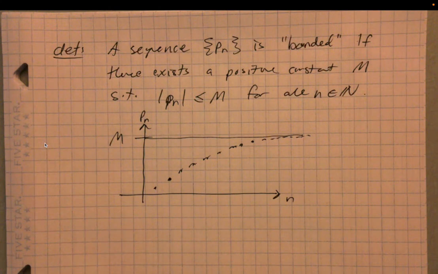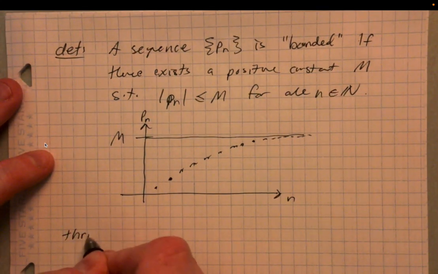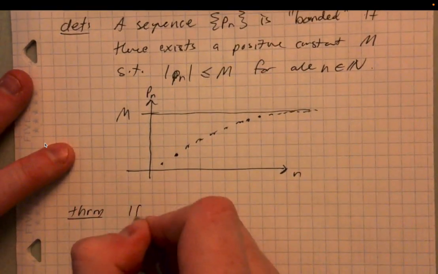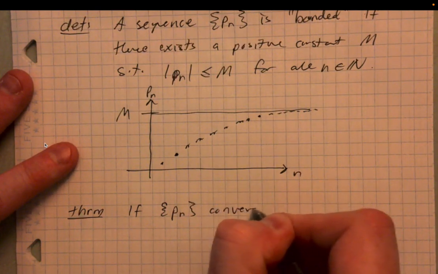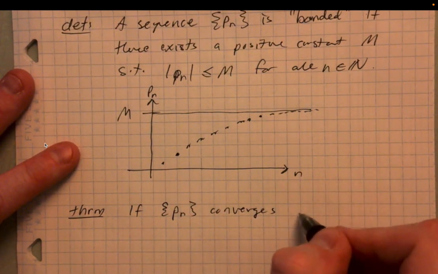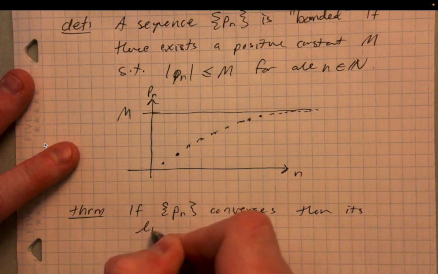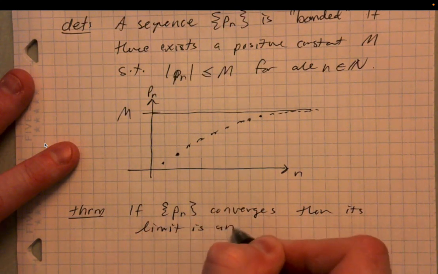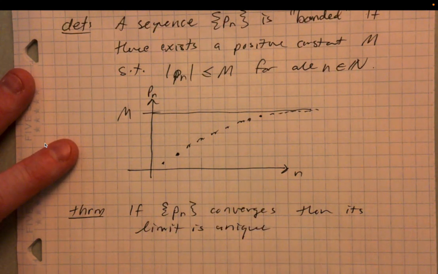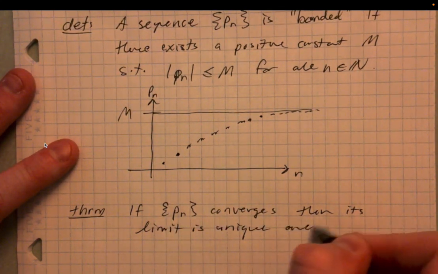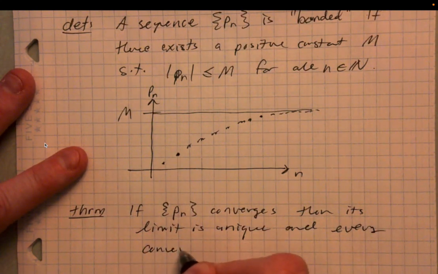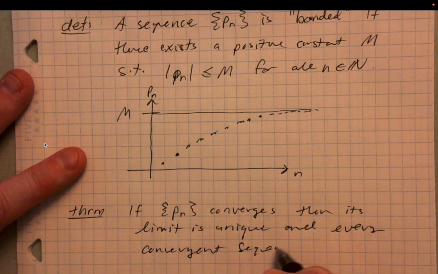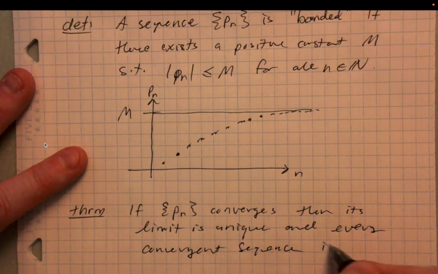And as I said, this idea of bounded and convergent, they frequently go hand in hand. The first theorem is that if P sub n converges, then its limit is unique, and every convergent sequence is bounded.